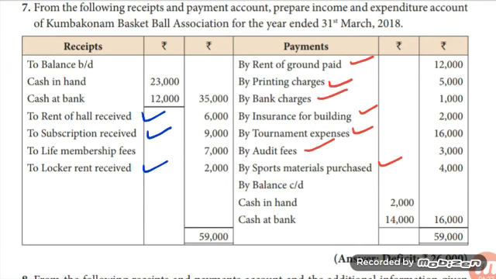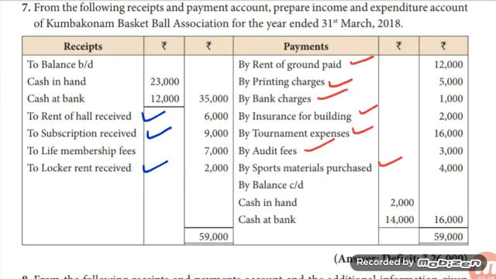Next, locker rent received, that is revenue receipt. So enter these revenue receipts on the credit side of income and expenditure account as by rent of hall received, amount in outer column 6,000, by subscription received 9,000, by locker rent received 2,000. Children, come to the credit side, mark revenue payments.